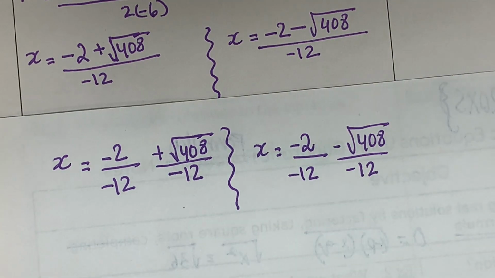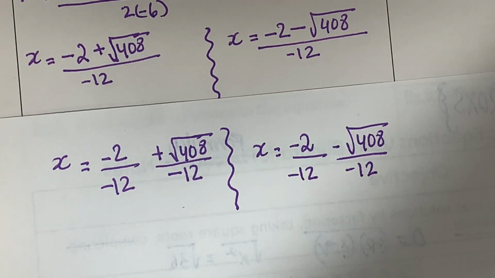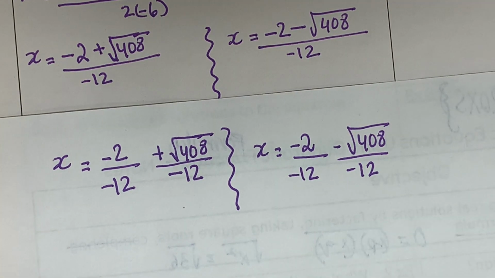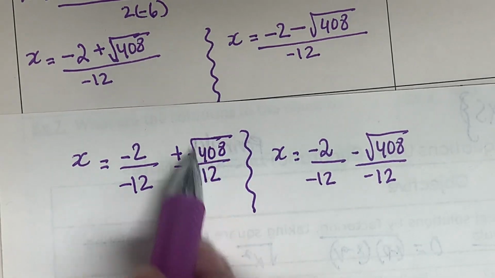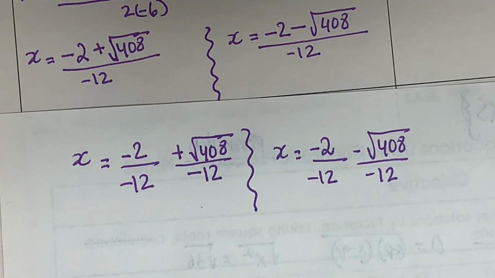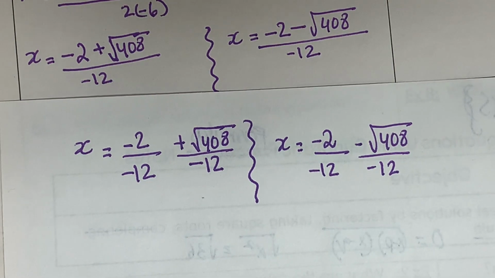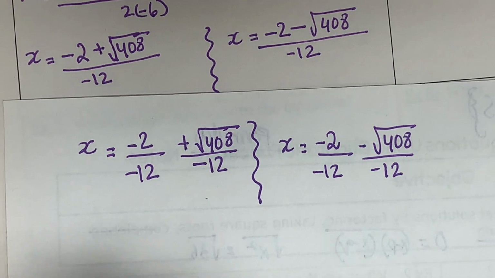So you're gonna write it like this. Square root 408 needs to be written as simplified form. So whatever the method you prefer needs to be used over there.